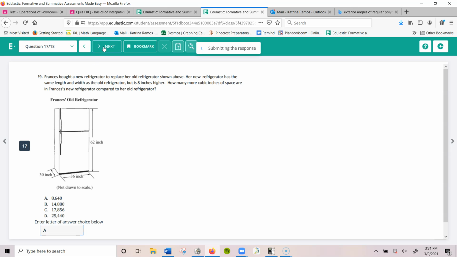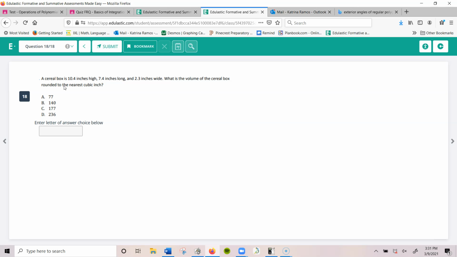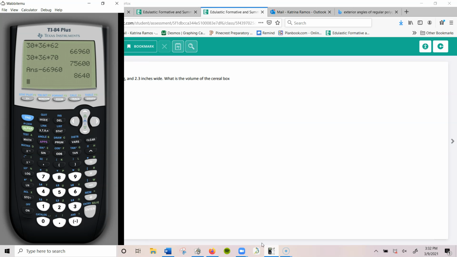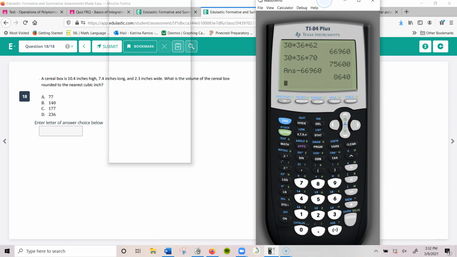Last question. A cereal box is 10.4 inches high, 7.4 inches long, and 2.3 inches wide. What is the volume of the cereal box rounded to the nearest cubic inch? Again, volume is just multiplying length times width times height. This is the height, this is the length, this is the width. It doesn't matter the order in which you multiply, as long as you multiply all those things together.